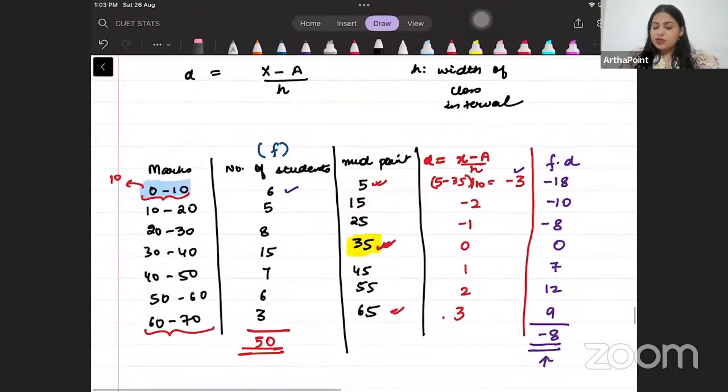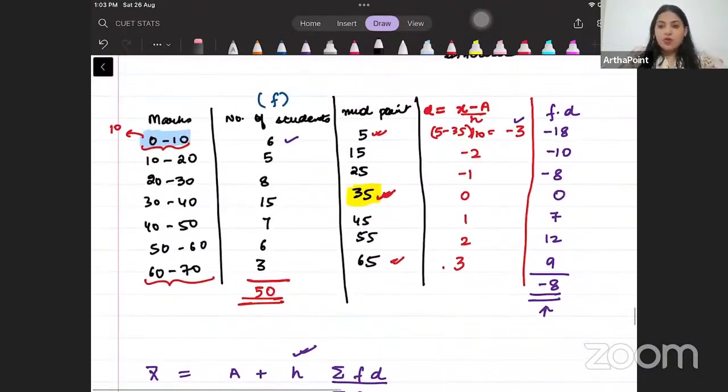Suppose the last marks class, instead of 60 to 70, I take the last point as maybe 120 to 150. So if I change the midpoint from 65 to, let's say, 125, mean will immediately be affected. So the moment you change your data set, mean is quickly affected.